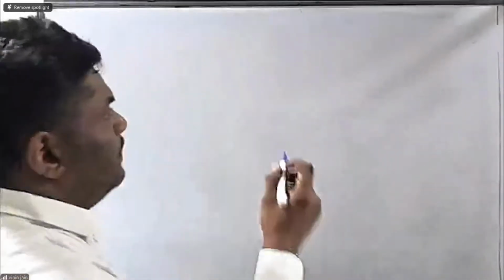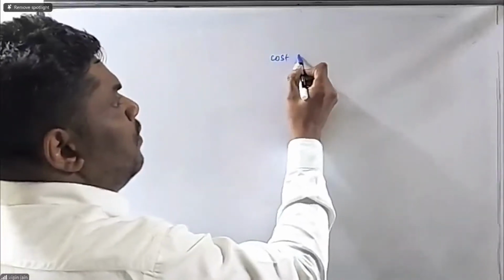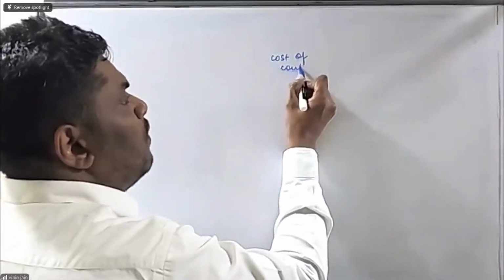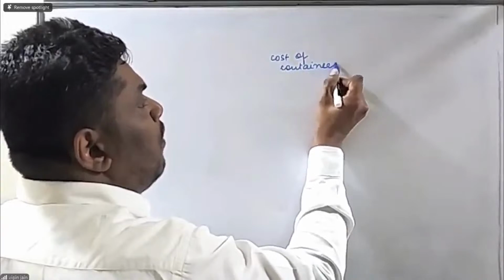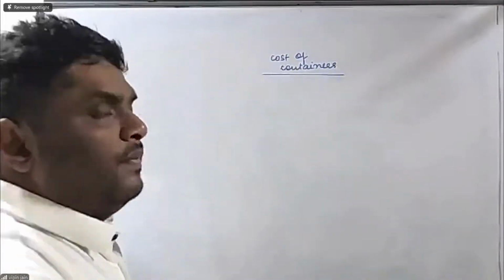Rosie, we are discussing the first chapter, the practical chapter, that is material costing. So next is cost of containers. The next point is cost of containers.